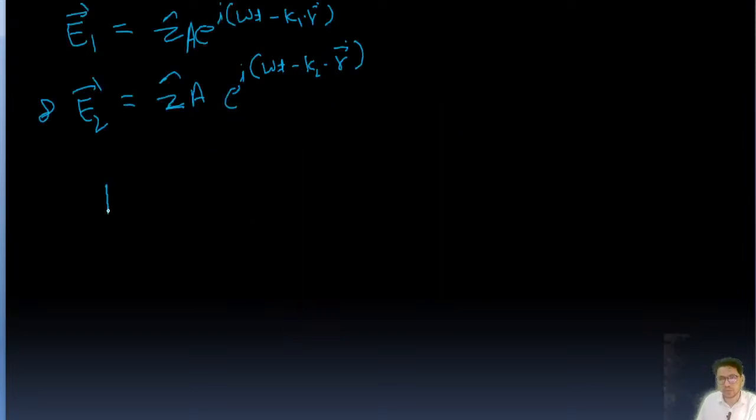So the k1 vector is going to be k1 sin theta x cap minus k1 cos theta y cap, right?